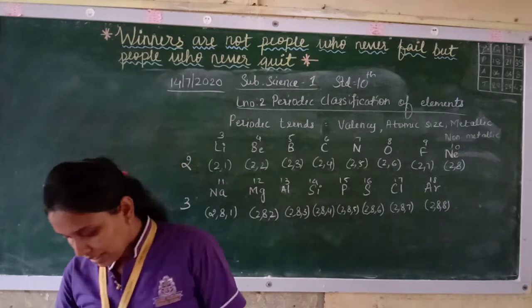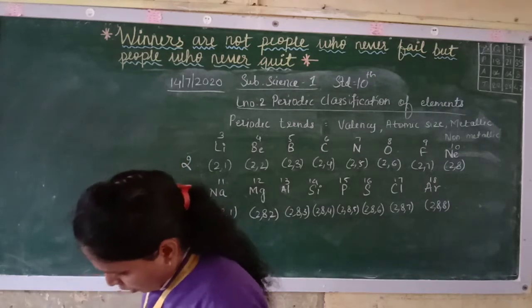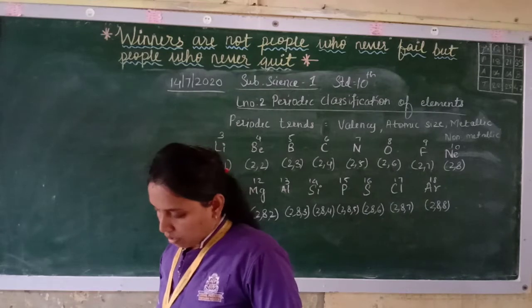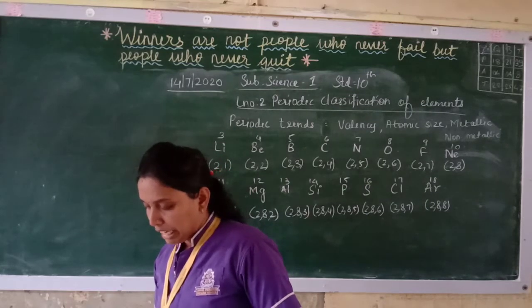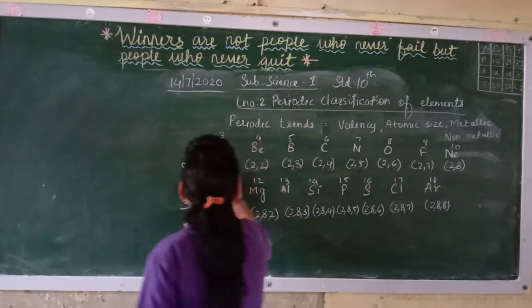Next we will see the periodic variation of valency while going down a group. Now we will see group-wise.